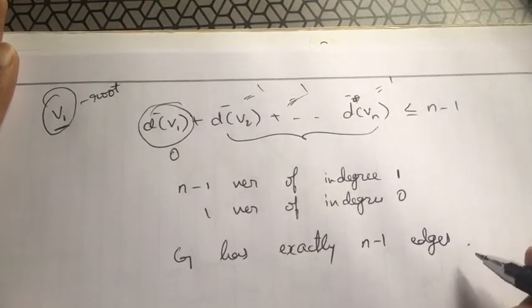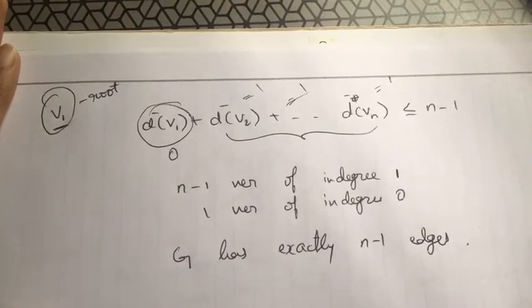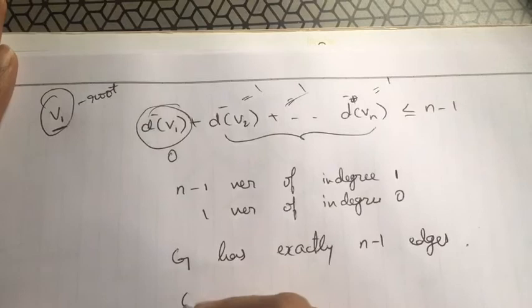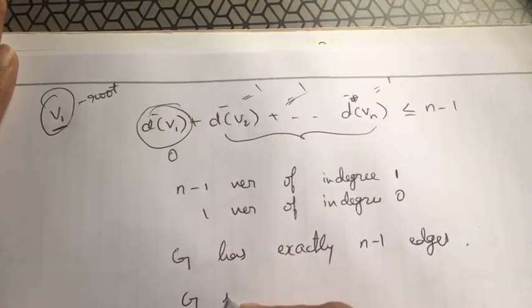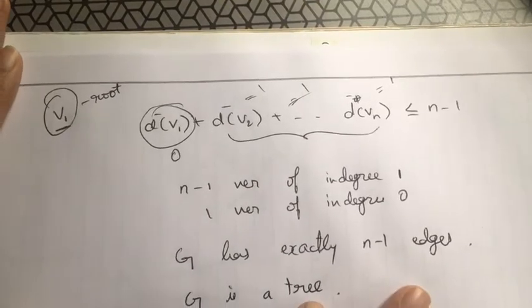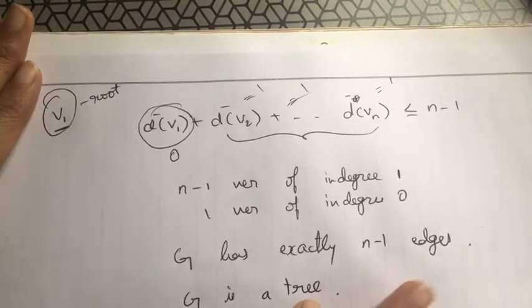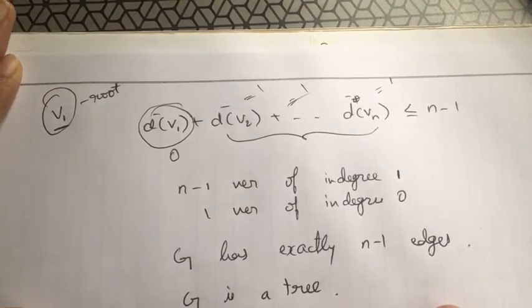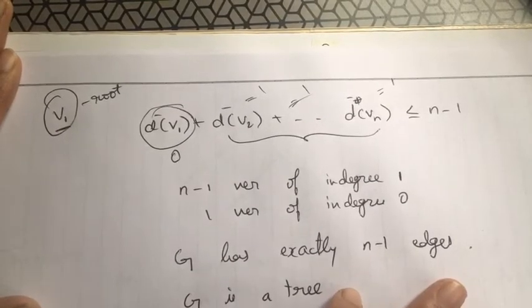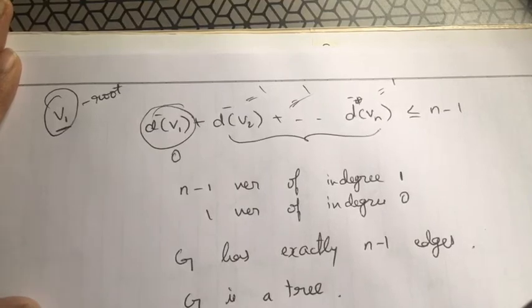Since it's already mentioned that it is circuitless, it must be connected. Therefore, I can say it is a tree. Thus, I have proved an arborescence is a tree in which every vertex other than the root has an in degree of exactly 1.